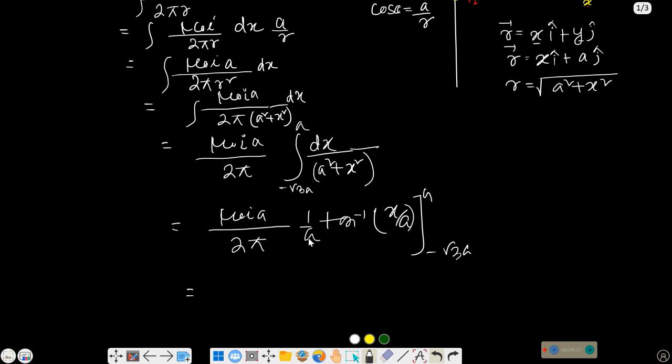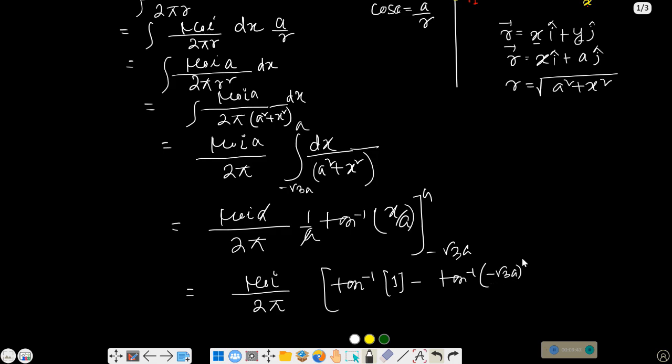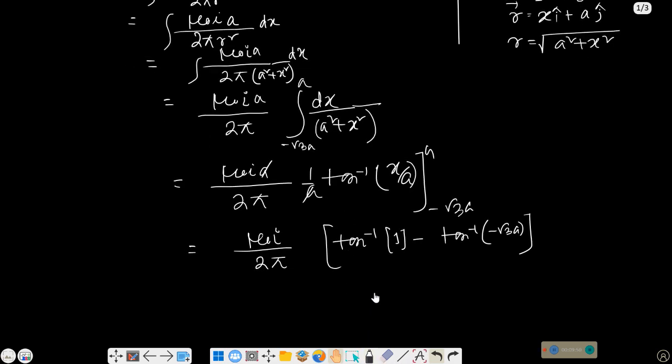Now the a gets cancelled, and we get mu naught I by 2 pi. Putting the upper and lower limits, we get tan inverse of 1 minus tan inverse of minus root 3.